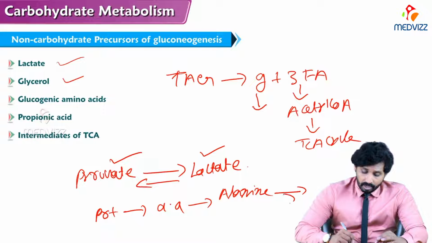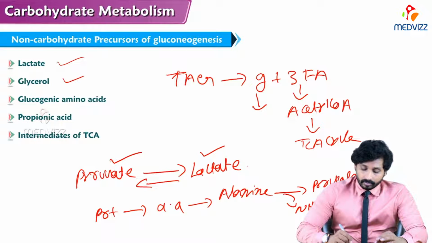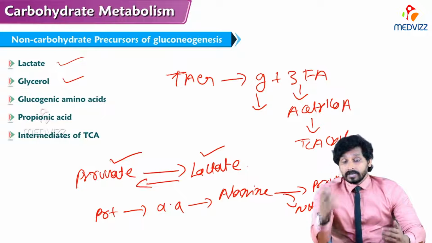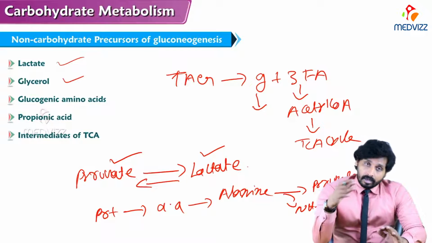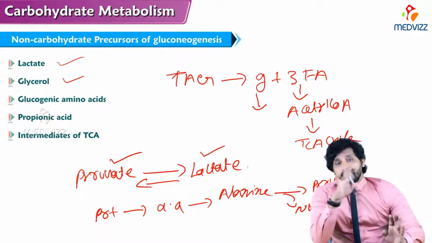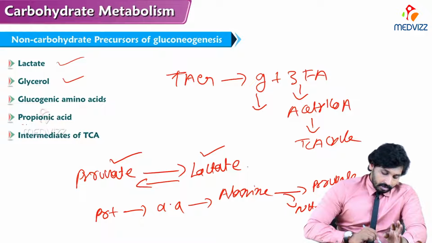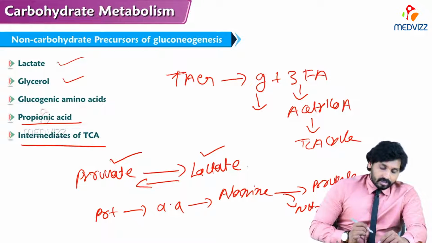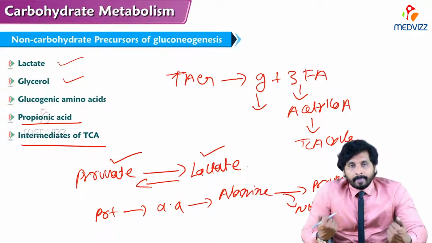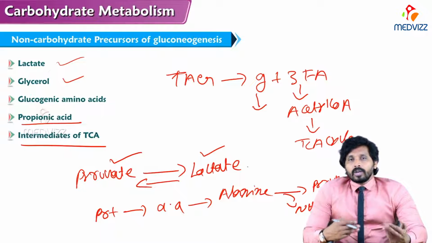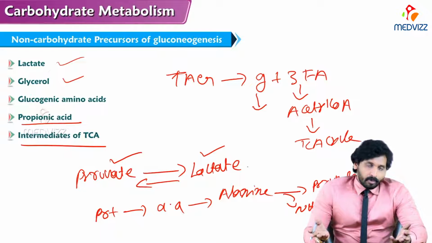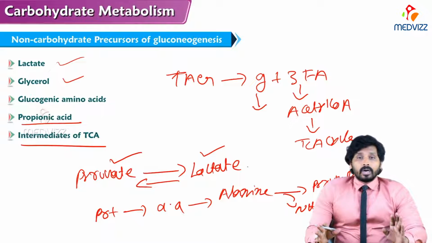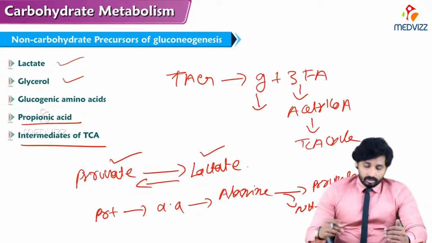When you remove the amino group, alanine is converted to pyruvate, and this pyruvate is again converted to other substances and enters gluconeogenesis. Propionic acid comes from the breakdown of odd chain fatty acids, and intermediates of the TCA cycle such as oxaloacetate, alpha ketoglutarate via glutamate formation, and fumarate are involved in making glucose.